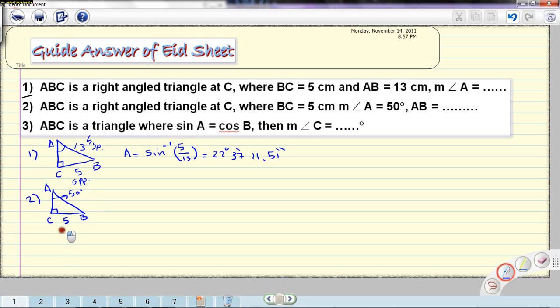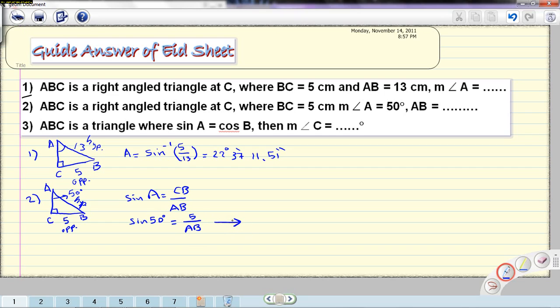You must label the sides. This is the opposite, and this is the hypotenuse. So I'm gonna use the sine rule. The sine rule says that sine A equals CB over AB. Angle A is 50 degrees, so sine 50 equals CB, which is 5, over AB.